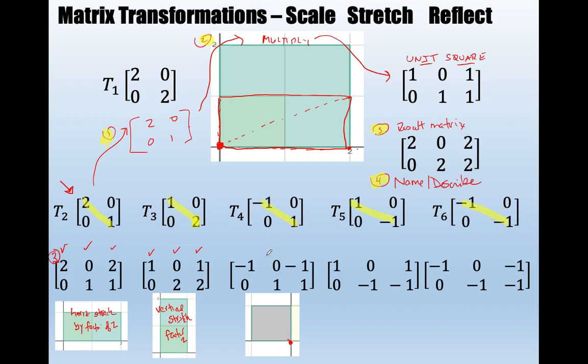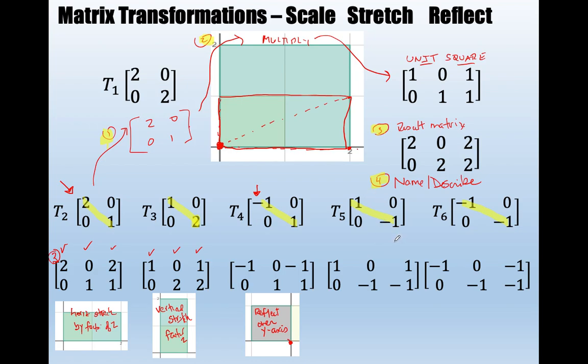So what happened with this transformation? This was a reflection, wasn't it? The horizontal vector 1, 0 was transformed by the function to negative 1, 0, and it caused a reflection over the y-axis.